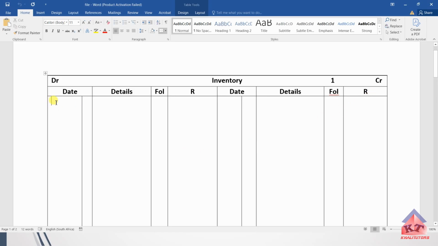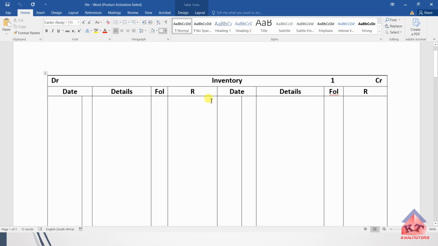Here you're going to write the date if, for example, inventory is increasing and we are focusing on this right hand side. You're going to write the date on which the transaction actually took place. And then here you're going to write the name of the account that is going to be credited.